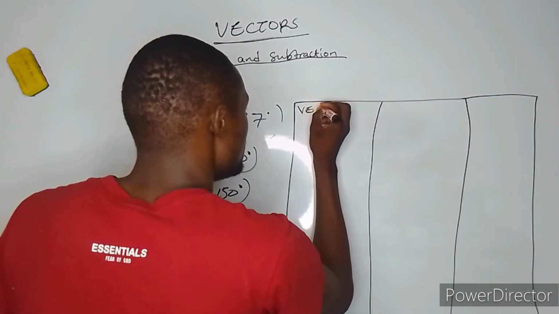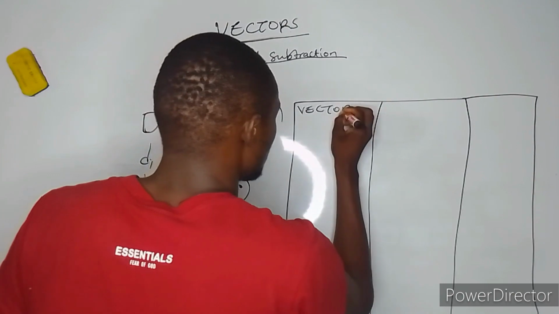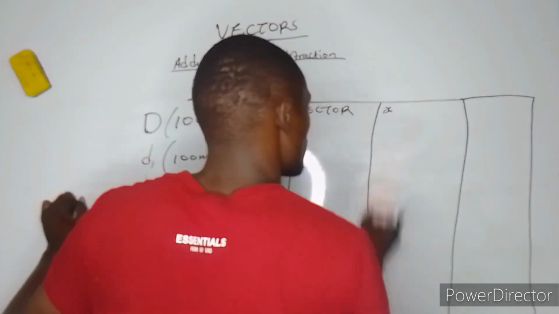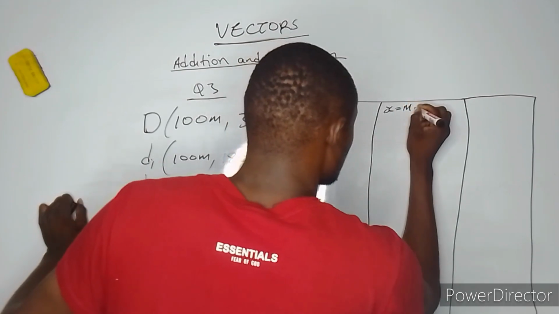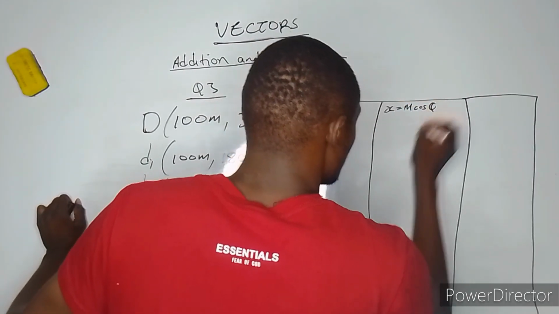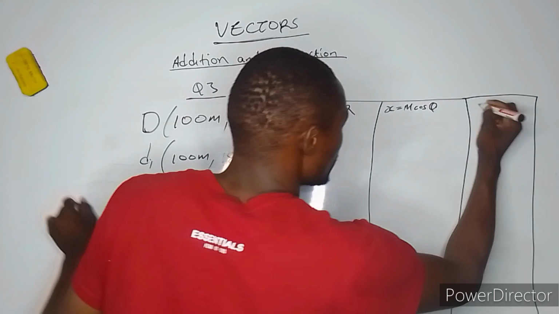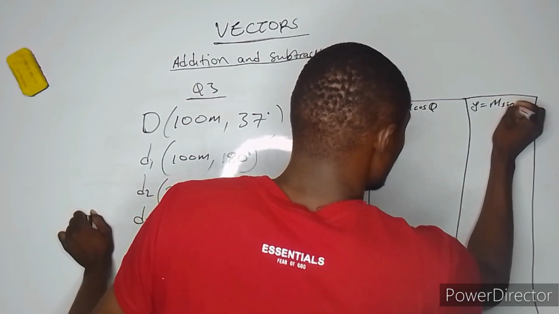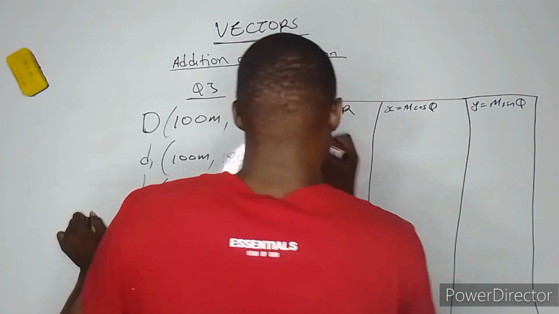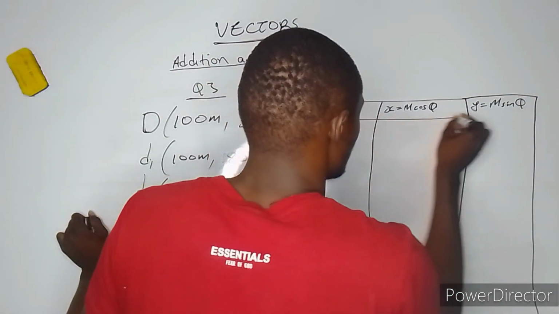This is the vector column, where we'll write vectors. Then this is the x component, with the formula magnitude cos theta. Then the y component, which is magnitude sin theta. So we are going to close here.